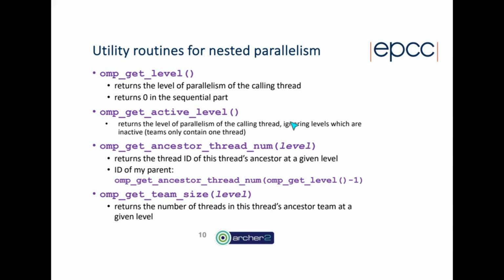A level of parallelism is inactive if the team only contains one thread at that level. So this is how many levels deep I am in the tree of parallel regions, and this is how many levels deep I am in the tree of threads that actually got created at runtime, if you like. Then you can also inquire about thread numbers and team sizes at levels above you in the tree.